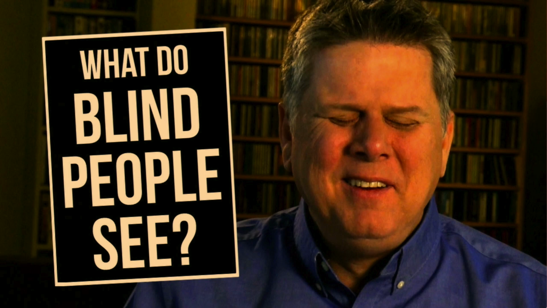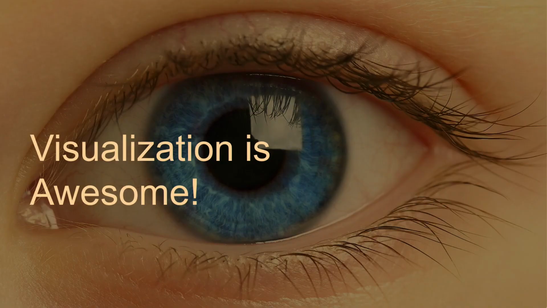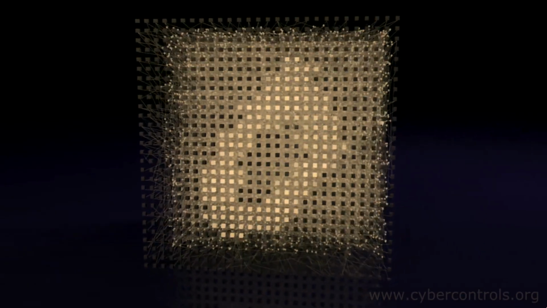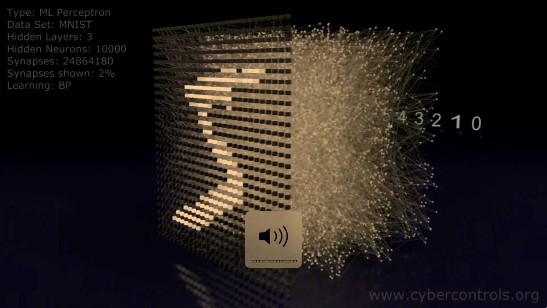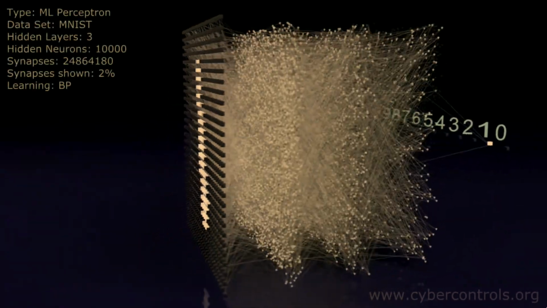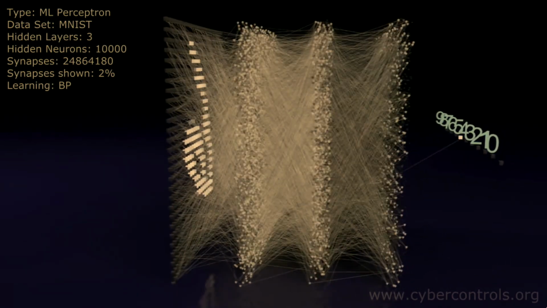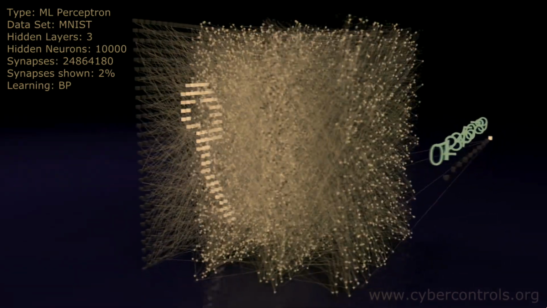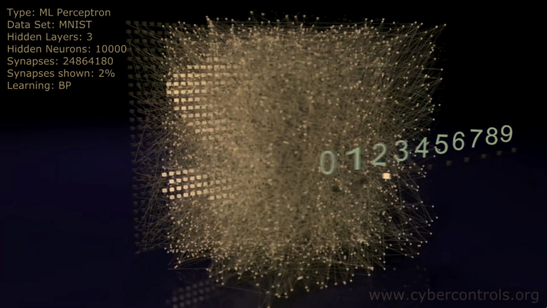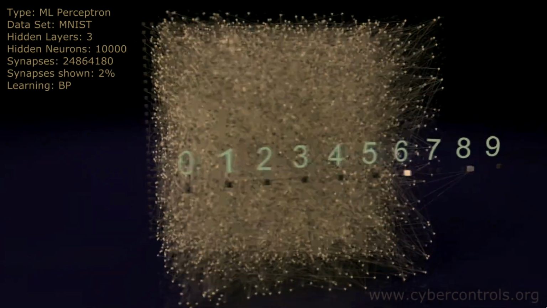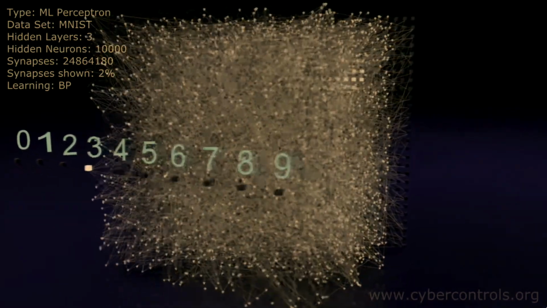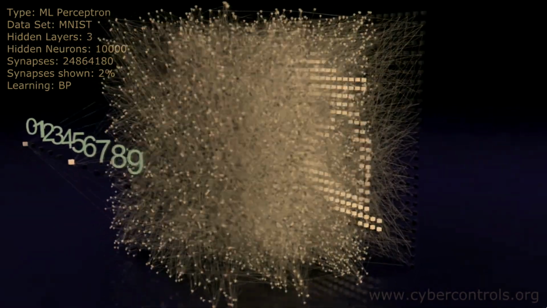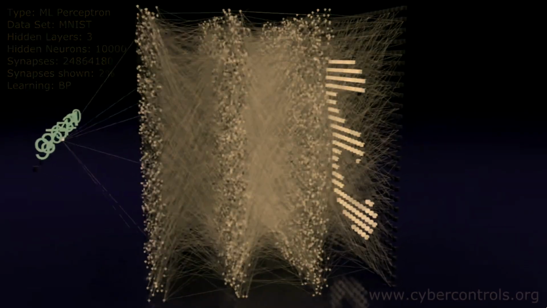So here I will show you my favorite video. You can see how amazing it is if we can visualize something. Yeah, so if you're familiar with neural networks, you can see this is an MNIST recognition.